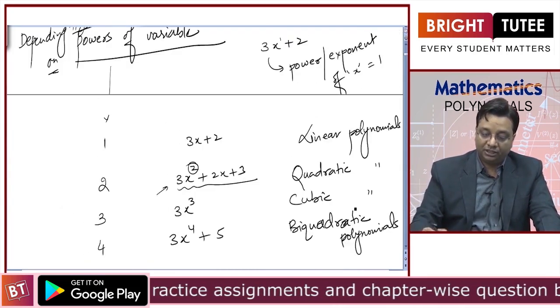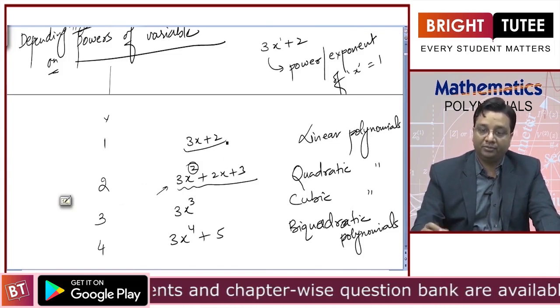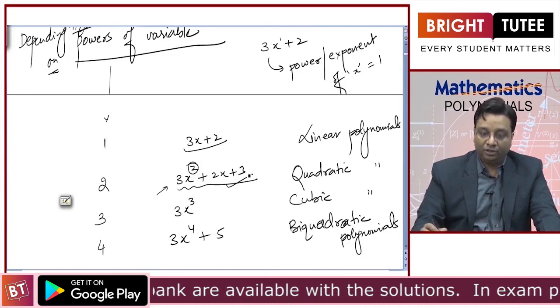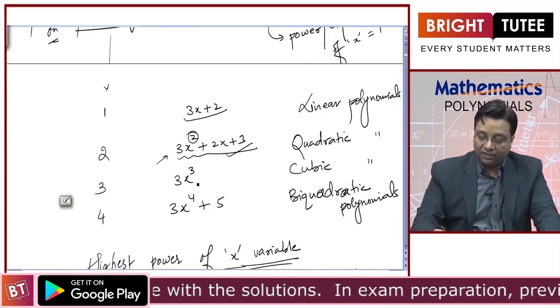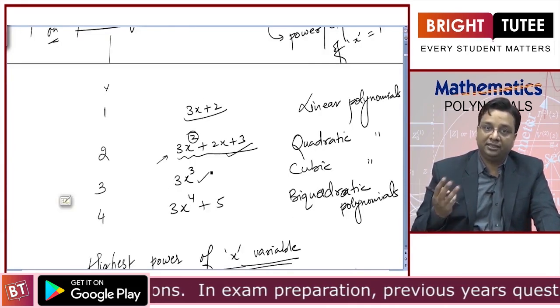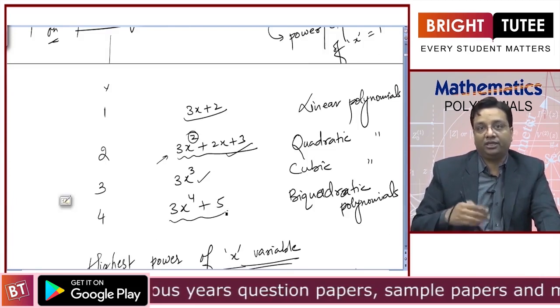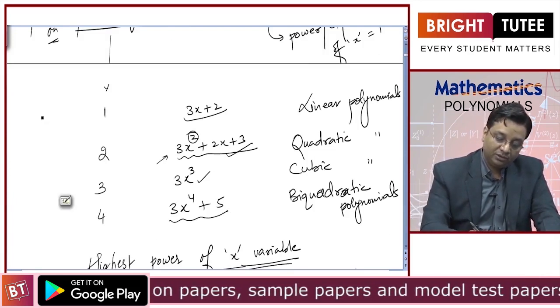So, if I ask you what is the degree of this linear polynomial, you will say 1. Degree of a quadratic polynomial, you will say 2. Degree of this polynomial is 3, which is cubic, right, and degree of this polynomial is 4. So, these are also degrees here.